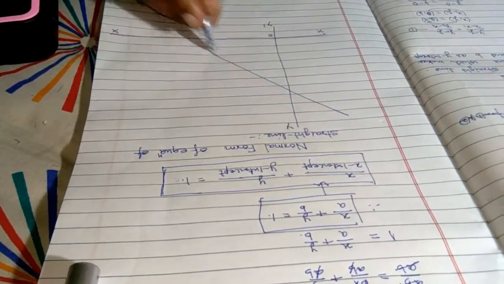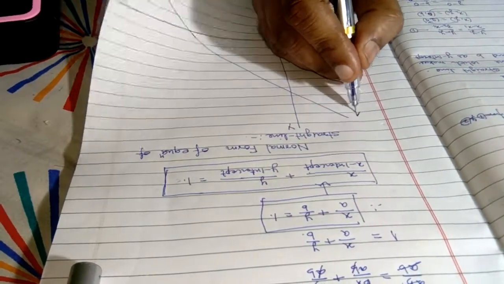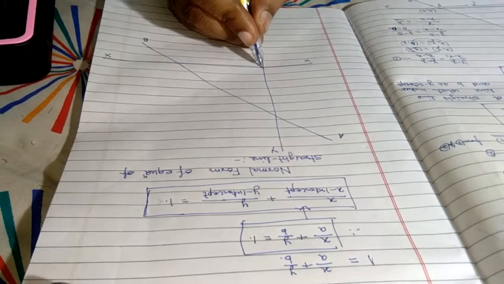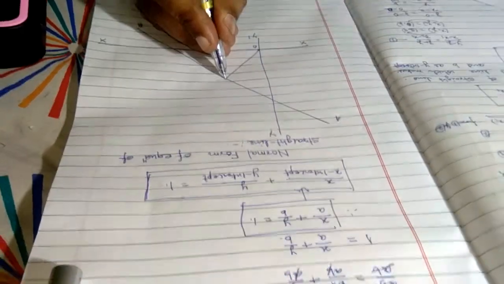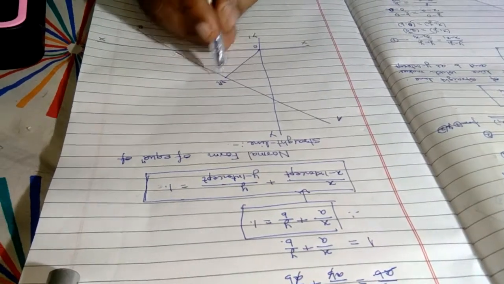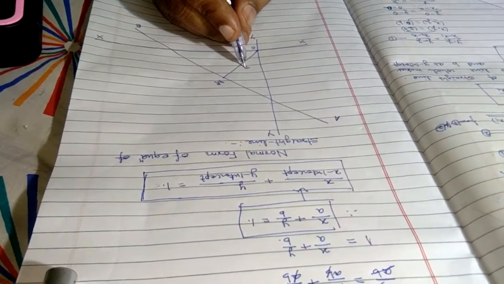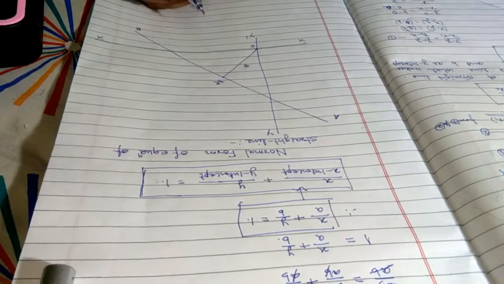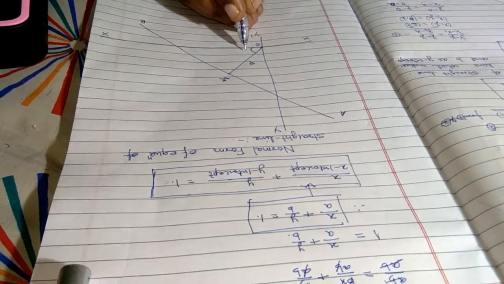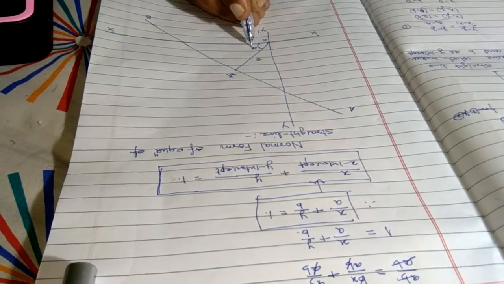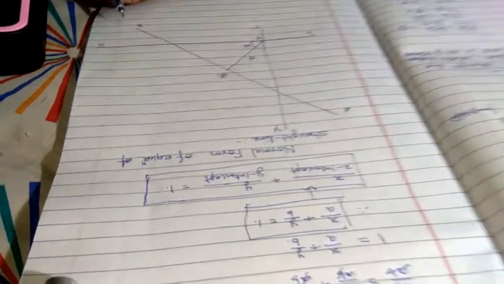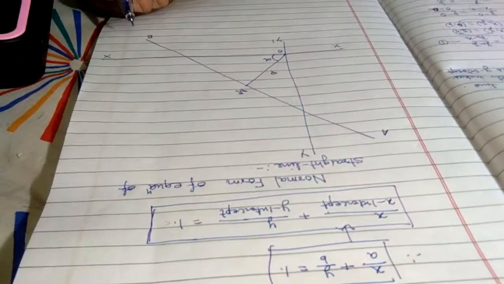We have taken AB as a straight line, and from the origin we have drawn a perpendicular. Suppose the perpendicular is OM, and the length of this perpendicular from the origin is P, and this perpendicular makes an angle alpha with the positive direction of the x-axis.